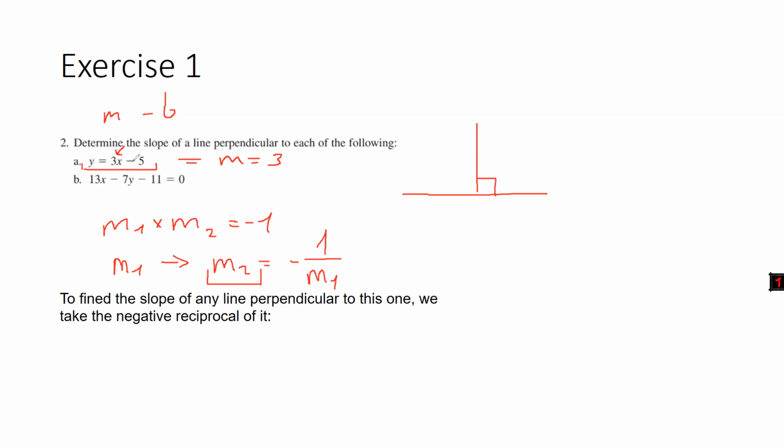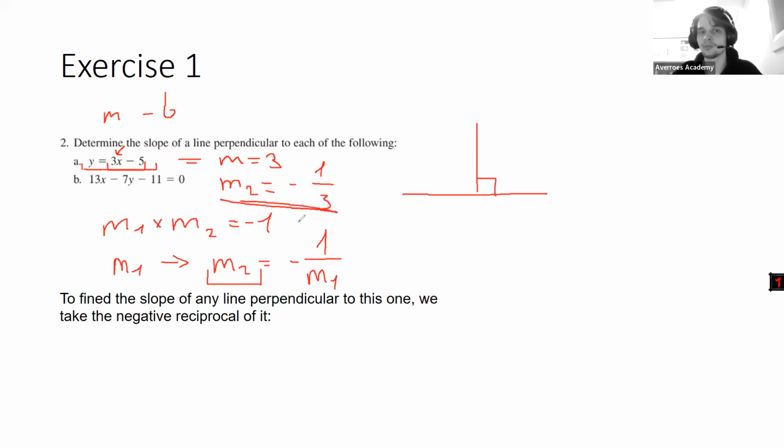The y-intercept, exactly. In this case it's equal to -5, so when x equals 0, y equals -5. We already know M based on what we know about the linear equation, so the perpendicular slope would be -1 divided by 3.